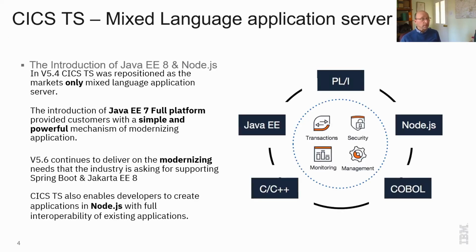First, I just wanted to introduce CICS as the mixed language application server. This was a branding we did in version 5.4 that was really focusing on the mixed language capabilities of CICS.